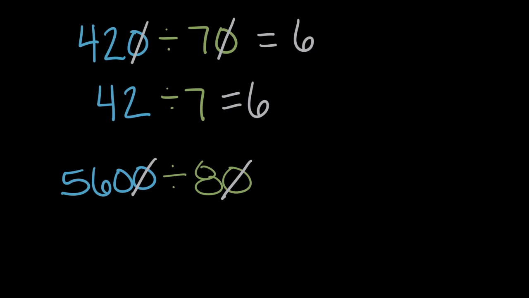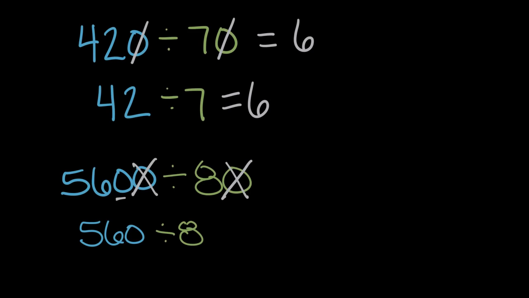I can't cancel both of them. Over here, there were 2. Canceling, we have to cancel the same amount of zeros on both sides. And now we end up with 560 divided by 8. This leaves us with a new division problem that's still a little bit tricky, but easier than dividing by 80.